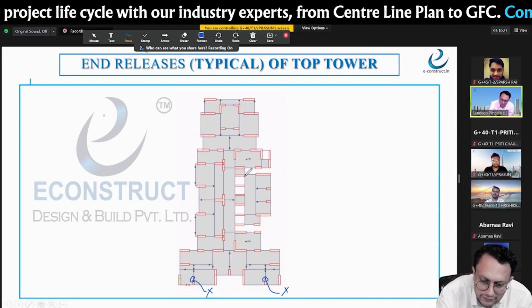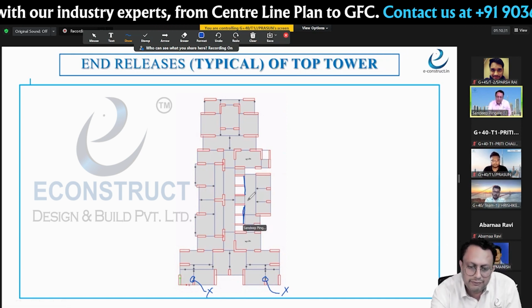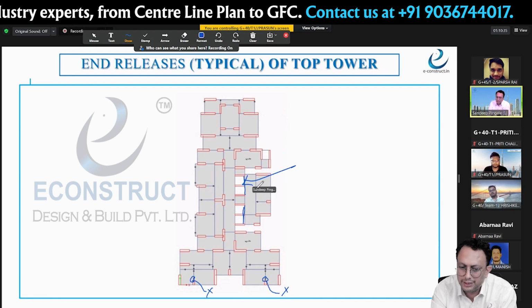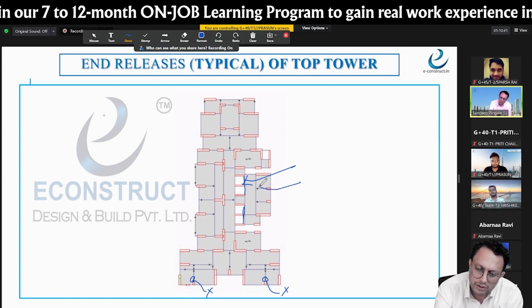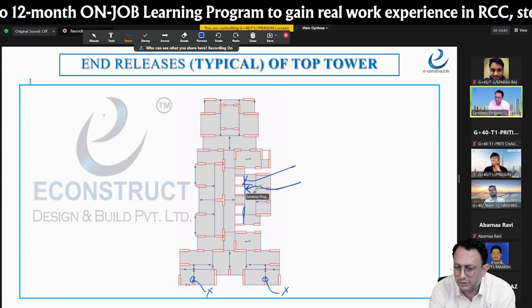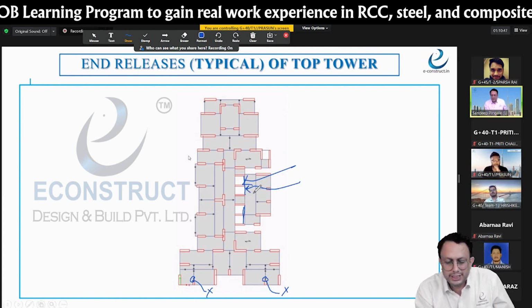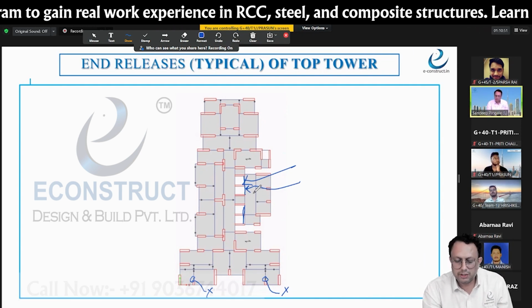Same thing here also, if you can give some kind of shear walls. See, if by giving the shear walls your mode shape is totally getting changed, then at least give the load of the shear wall here on these beams, so that certain things can be witnessed in the model.